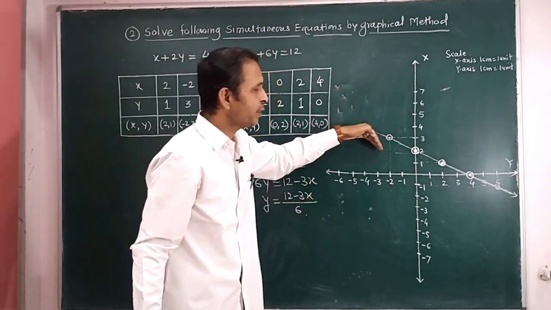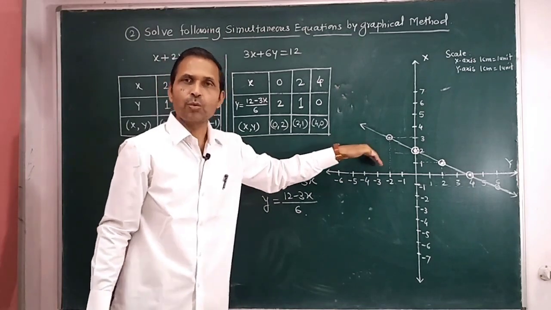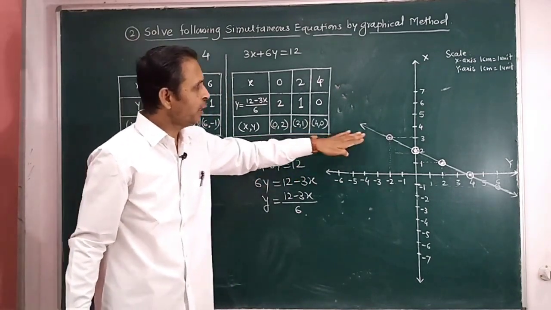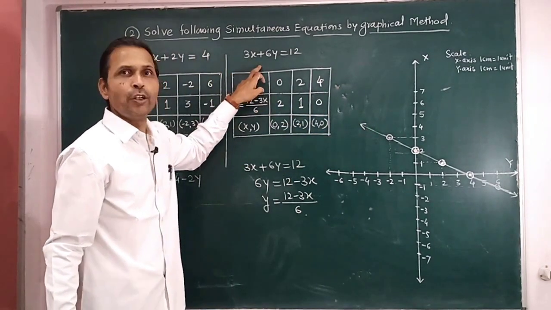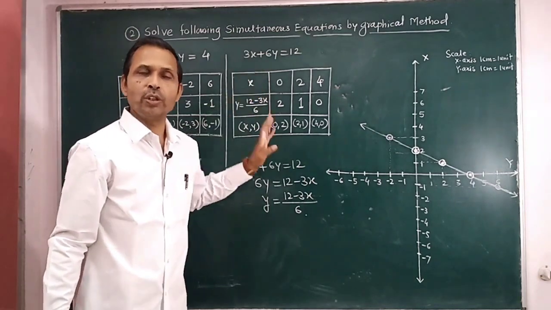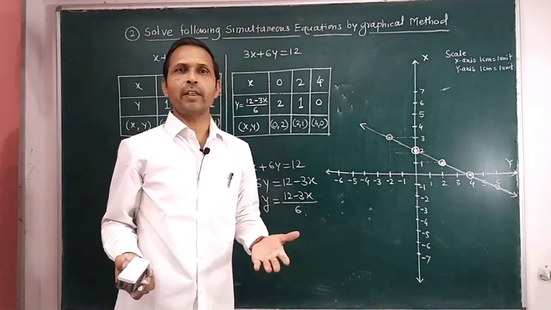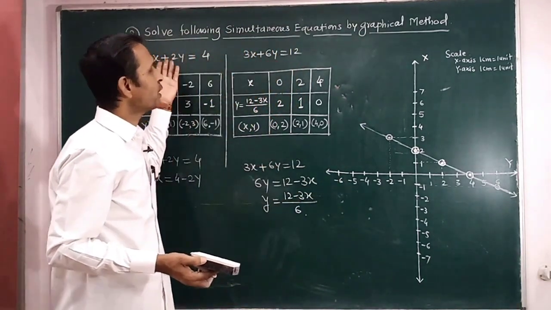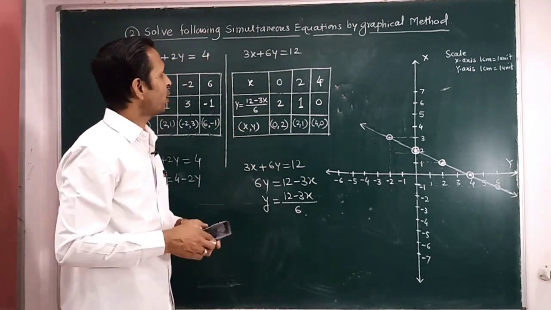These two lines coincide with each other, and that's why this type of equations has no solution, because the lines do not intersect with each other. They coincide with each other.